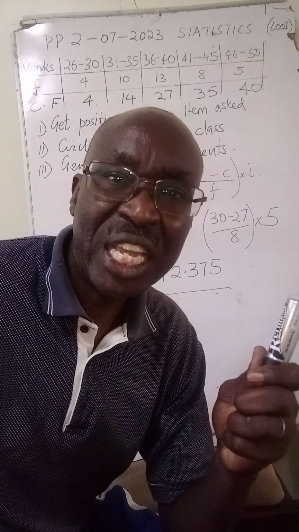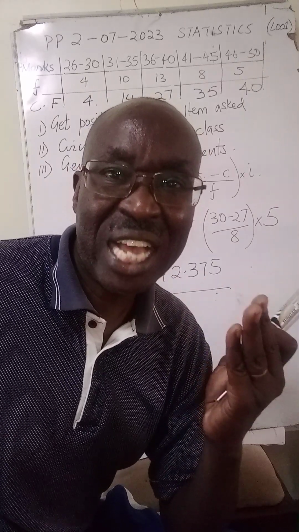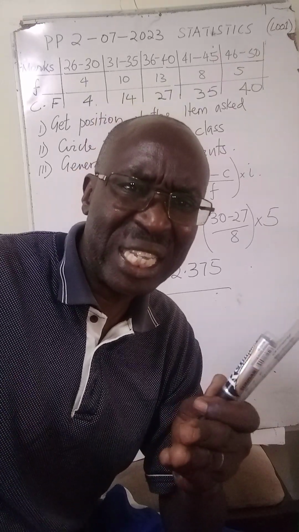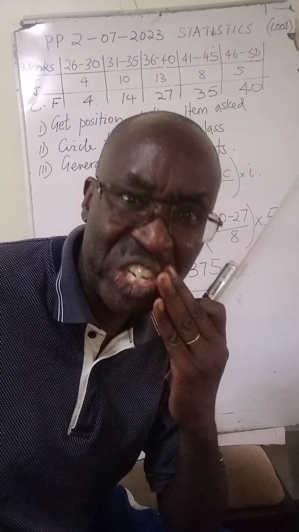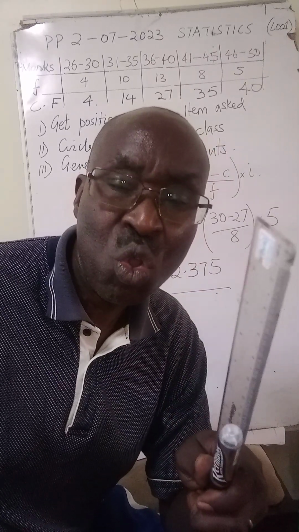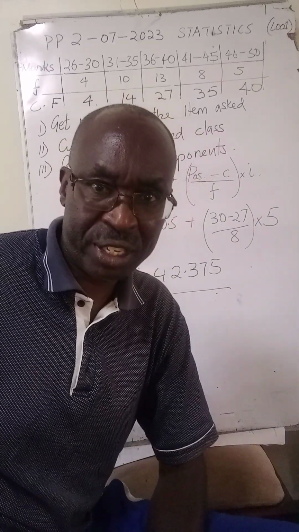Cumulative frequency is a skill, and it has a specific way of writing. So please don't just use your calculator and then add and then just give us 40. No, it is either a column or a row with specific figures in the boxes.